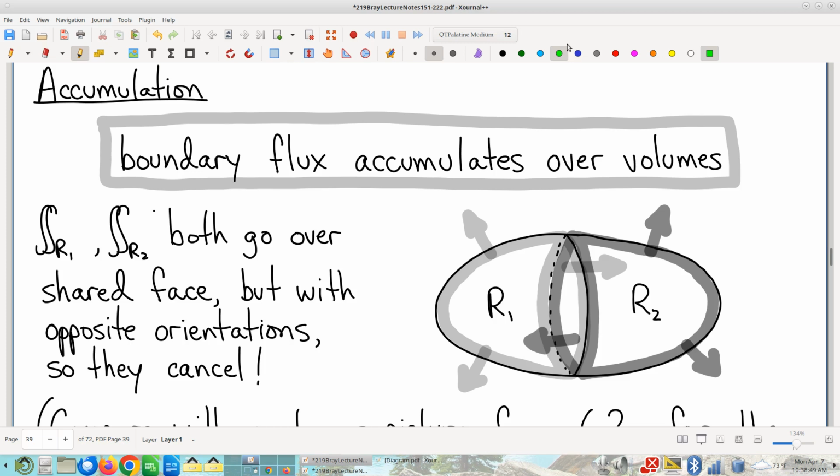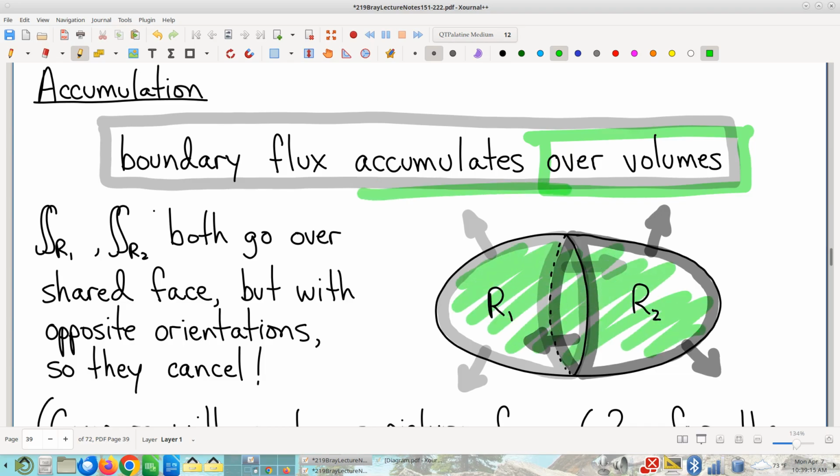So here's the idea. First detail I have to throw out. We're not talking about accumulation over areas. Now we're going to talk about accumulation over volumes. We are in 3 dimensions after all now, and volumes are the kind of regions that we're interested in in 3 dimensions. So when I say accumulates over volumes, what I mean is if you take a whole volume, define your quantity on the whole.